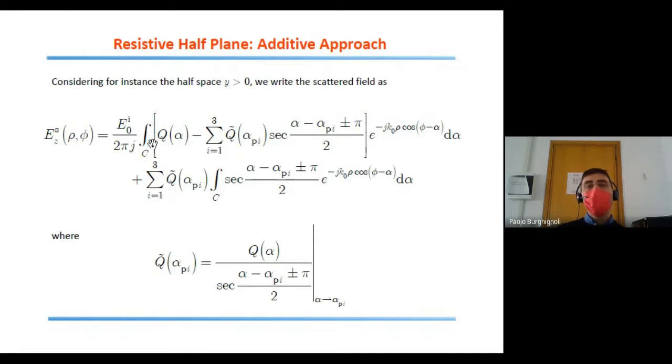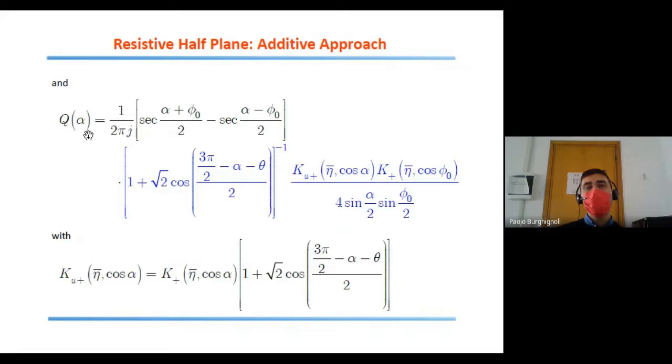What remains inside the integral in brackets is now a regular function, and therefore we can proceed with the asymptotic uniform approach, so the basic first order saddle point technique. This is the explicit expression of q of alpha, by the way, but that's not important.